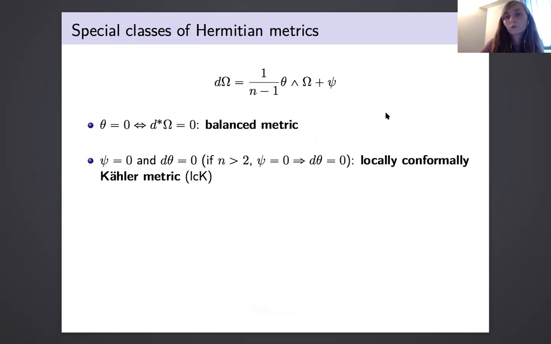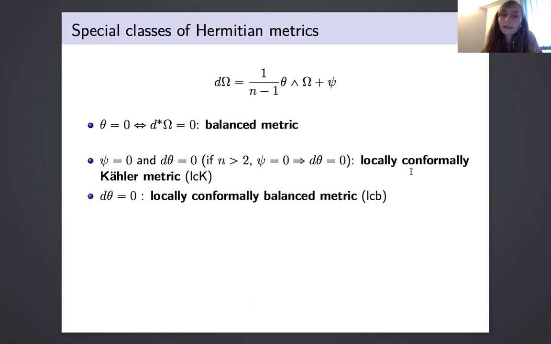The somewhat dual case is when the primitive form is 0. And then we also ask that the Lee form is closed, although in higher dimension, it is always closed as soon as the primitive form is 0. And this is what is usually called a locally conformally Kähler metric. A more general case than this is when we only ask for the Lee form to be closed, and this is called a locally conformally balanced metric.